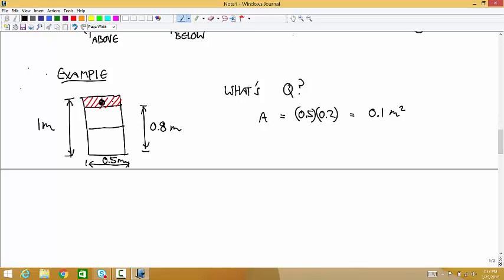And this distance, what would that be? So that would be, yeah, 0.3, and then, right, 0.4 meters. And so then Q is equal to 0.4 meters times 0.1 meters squared, so 0.04 meters to the third.